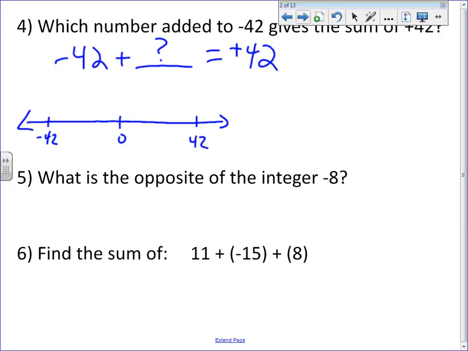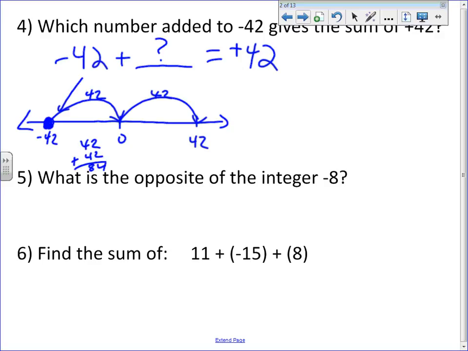So I can see that if I start at -42, and I'm going to add a number to it, I need to go to the right. So I know that I need to add a positive number to it. What positive number? Well, I don't know. I know that I need to go from -42 to 0, and then from 0 to 42. So 42 and 42. 42 plus 42 is 84.